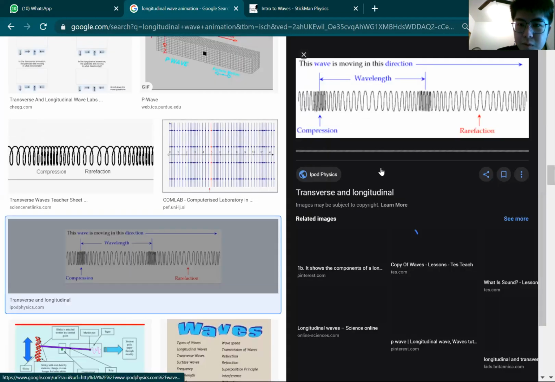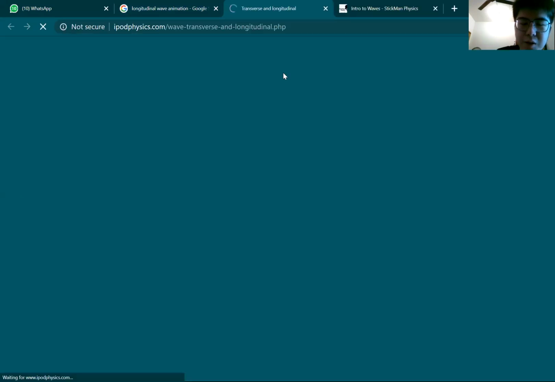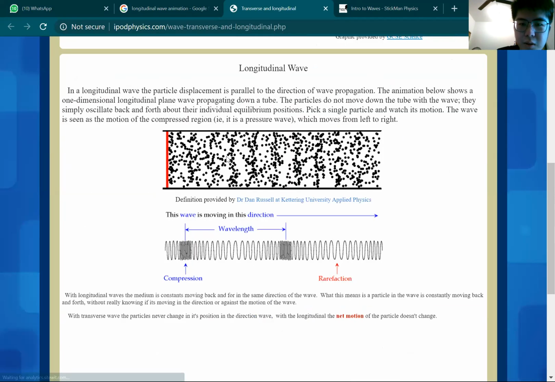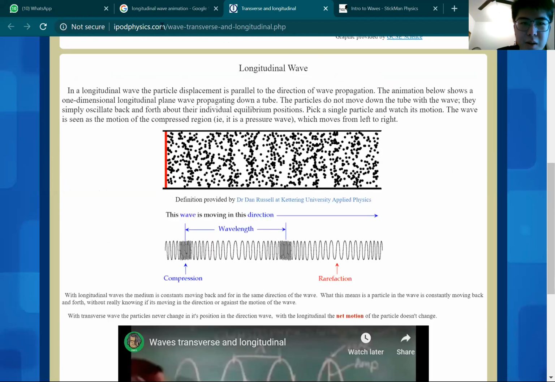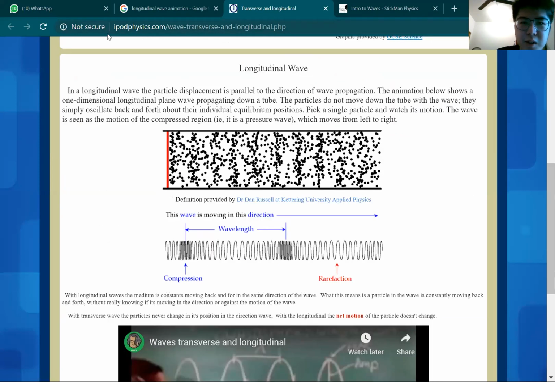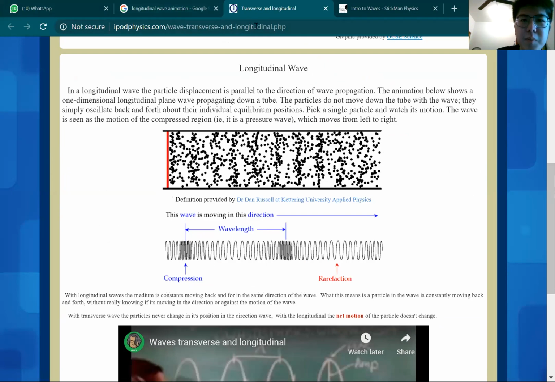It's not moving, never mind. Okay, yeah, this one is also longitudinal. But this one is not that clear because the picture is not that clear.